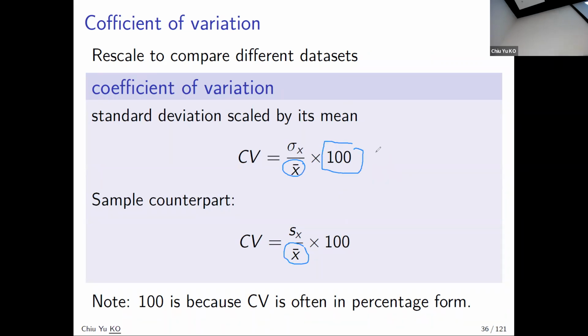Why would you care about this CV, why divide by the mean? It is for comparison purposes. For example, I want to look at the dispersion of, say, the midterm exam and the final.